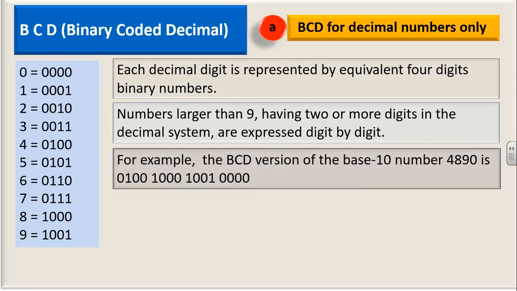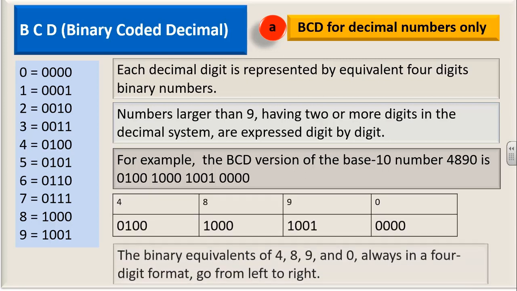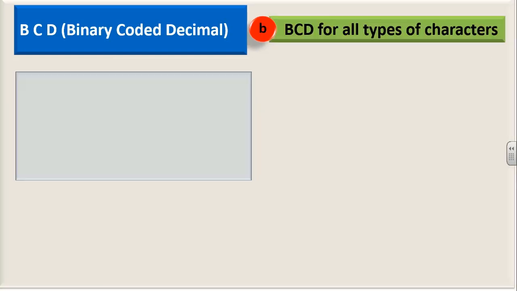For example, the BCD version of the base 10 number 4890 is 0100 1000 1001 0000. This is the representation. The binary equivalents of 4, 8, 9 and 0 are always in a 4-digit format, going from left to right.